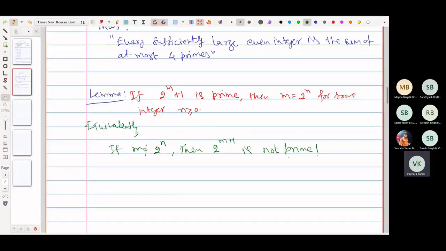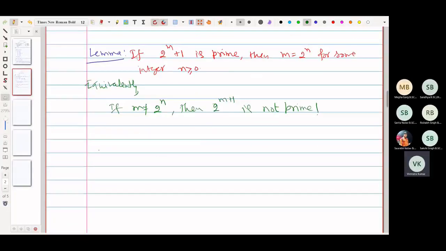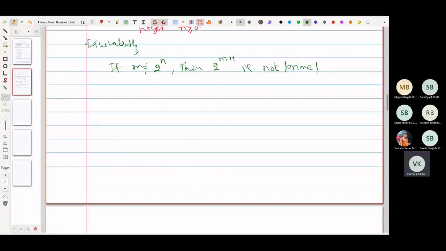So this gives us a method to claim that a given number is not going to be a prime. Okay, so let us prove this first, and after that we will see some formulas, which are called Mersenne primes and Fermat primes, or Mersenne numbers and Fermat numbers, with the help of which we can generate some primes.